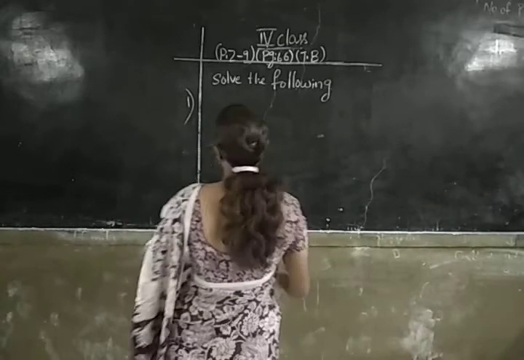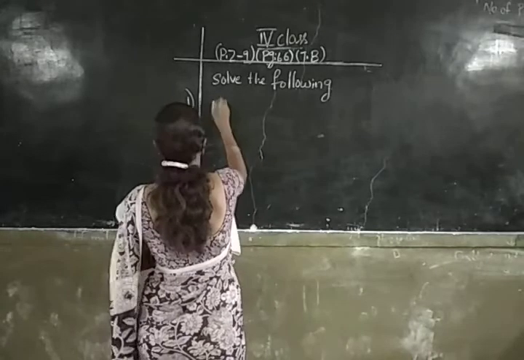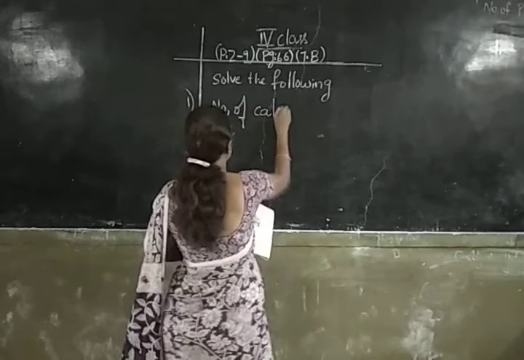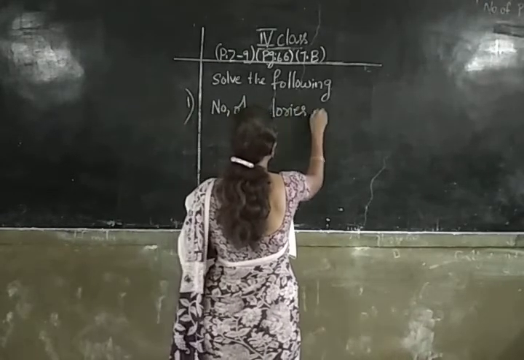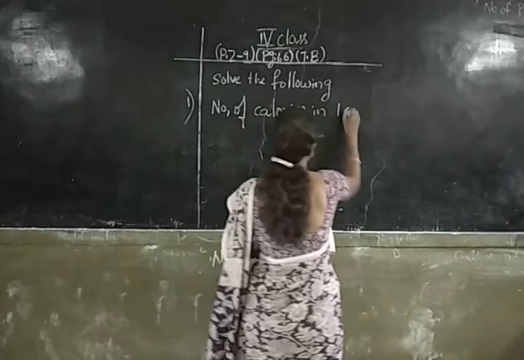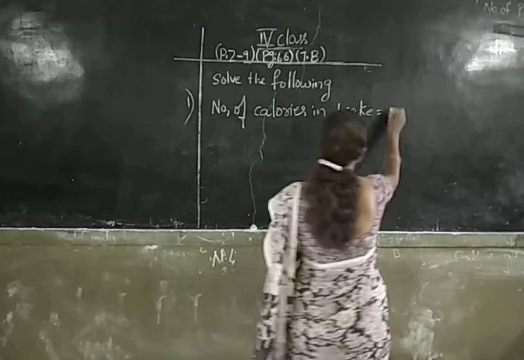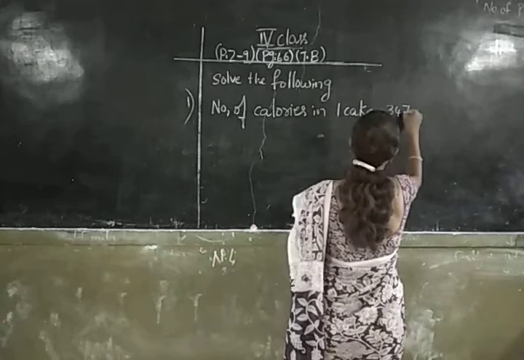So the first statement is number of calories in one cake: 347.